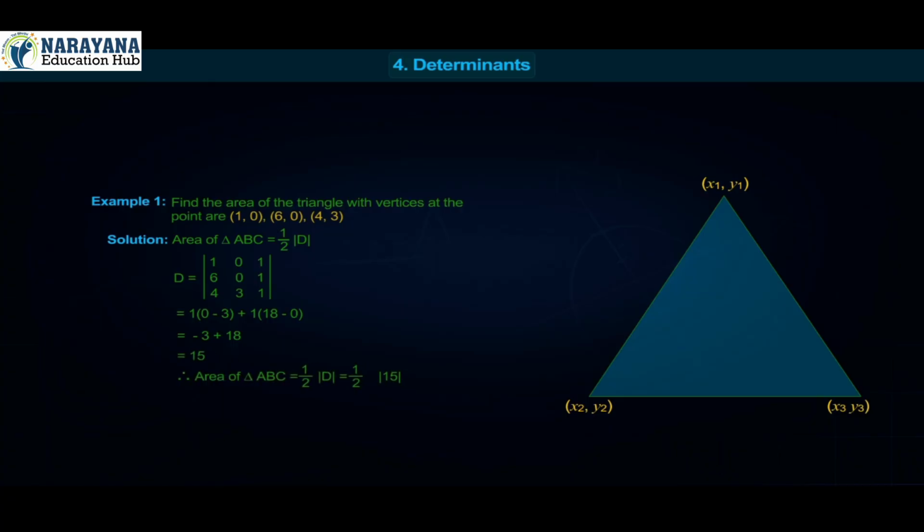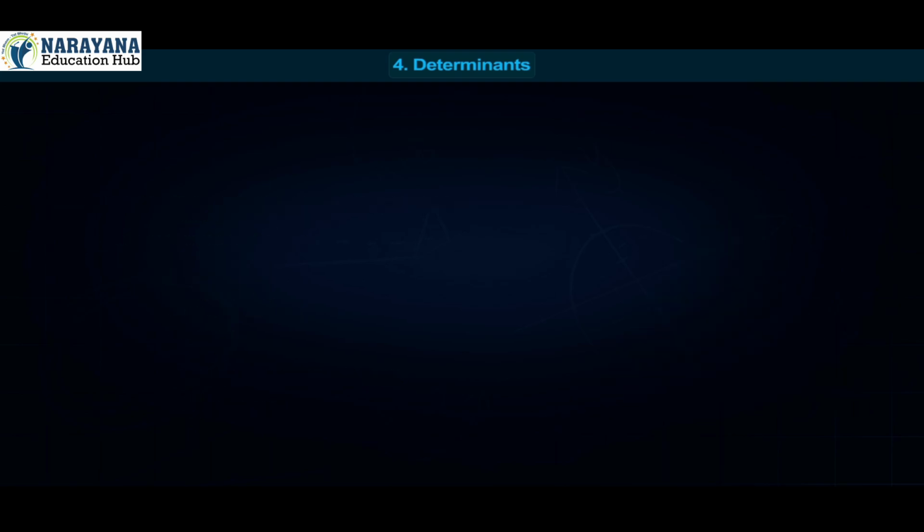Therefore, area of triangle ABC is equal to 1 upon 2 into the modulus of D, which is 1 upon 2 into the modulus of 15, equal to 15 upon 2 square units.